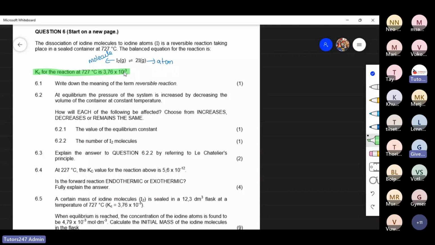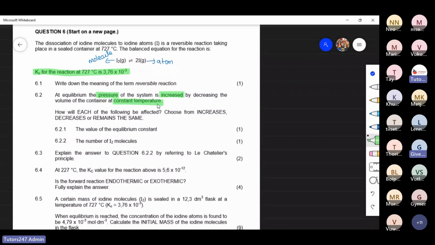Now, question 6.2. At equilibrium, the pressure of the system is increased by decreasing the volume of the container at constant temperature. There are two important pieces of information here. The pressure of the system is increased, and temperature is constant.